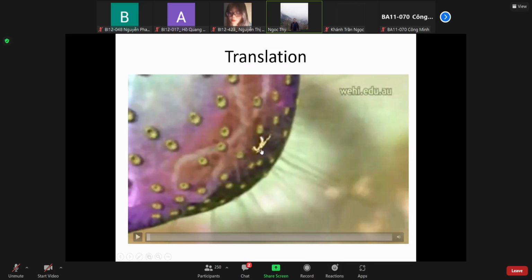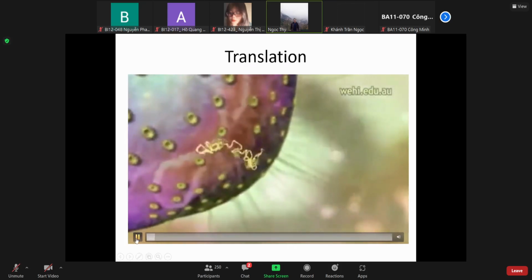So we have the mature mRNA here, which has finished the maturing process inside the nucleus, and it goes into the cytoplasm through the hole in the nucleus membrane. Okay, to start the translation.